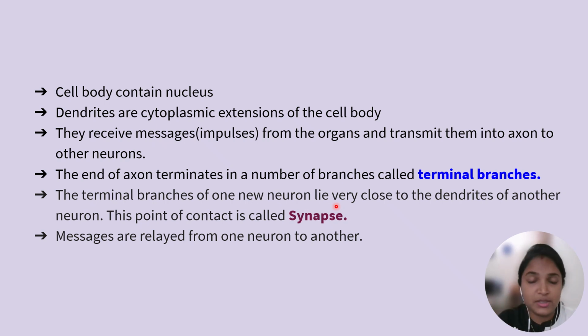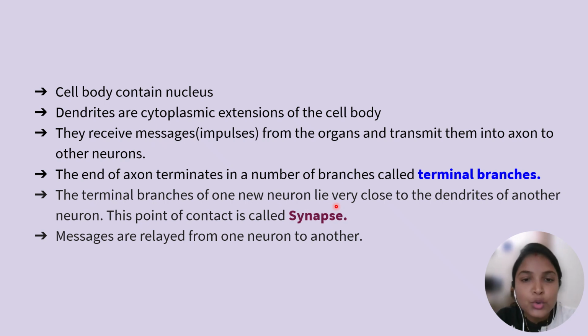Now the synapse is very important here. Why it is very important, I'll let you know. The synapse is a small gap that is present between the two neurons. When the impulse is transferred from one neuron to another neuron, there is a small gap it has to pass through, and that gap is filled with the neurotransmitter.